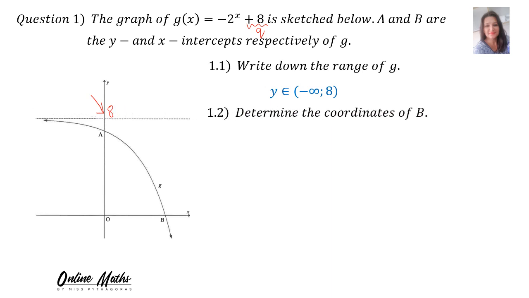Question 2. Determine the coordinates of B. Now what is happening at B? B is the x-intercept of our graph and there's a rule, x-intercept make y 0.